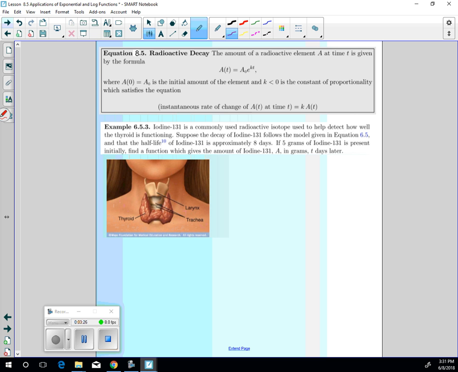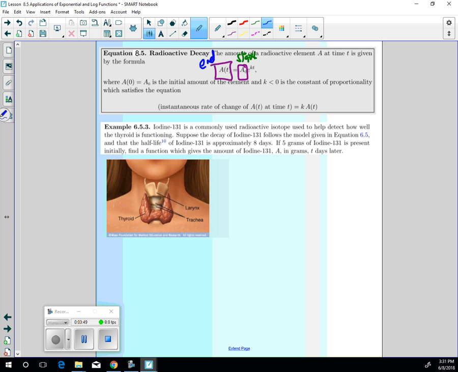Radioactive decay, you start with a certain amount and you end. So you start and then you end. Isotope 131 doesn't affect the problem. How well will the thyroid be functioning?